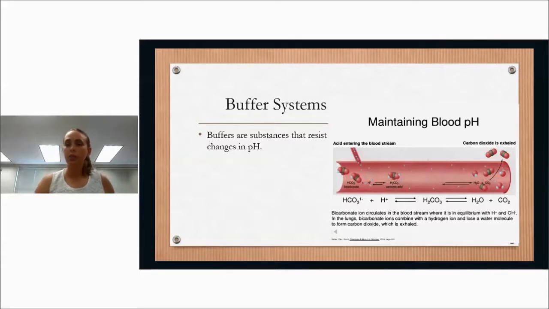On the right, you can see the carbon with 2 oxygen atoms being exhaled and leaving the substance, and just the water being left behind. This substance is in place to resist change in pH and maintain homeostasis.